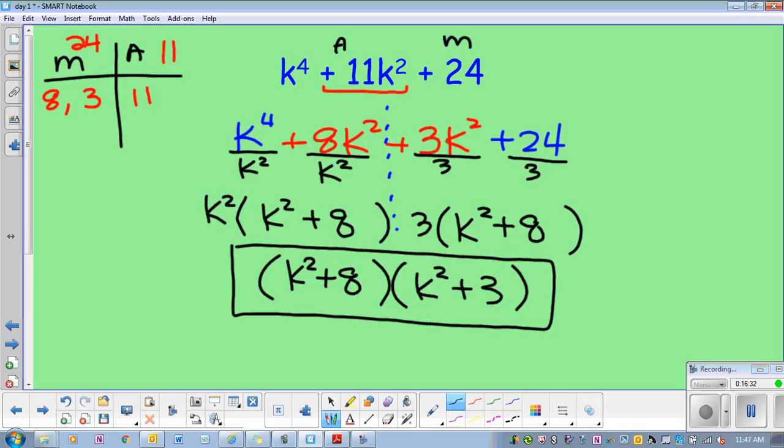Because that's when you have things like, what if you had K squared minus 4? That's another difference of squares. Then you've got to keep going. So just be mindful of that. This one is good, okay? But I'm just saying, just be mindful. All right? So let's look at the next one.